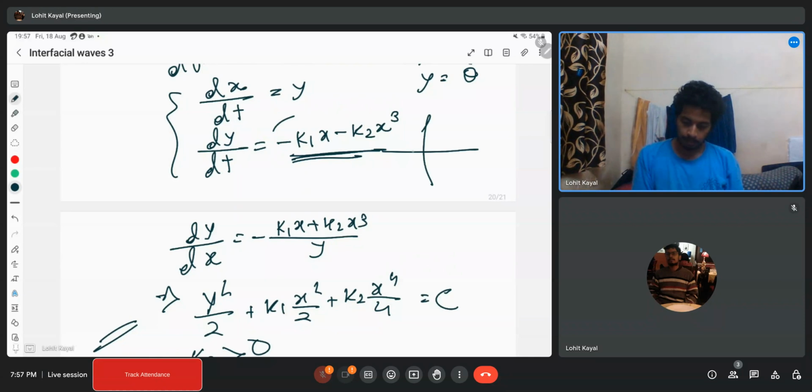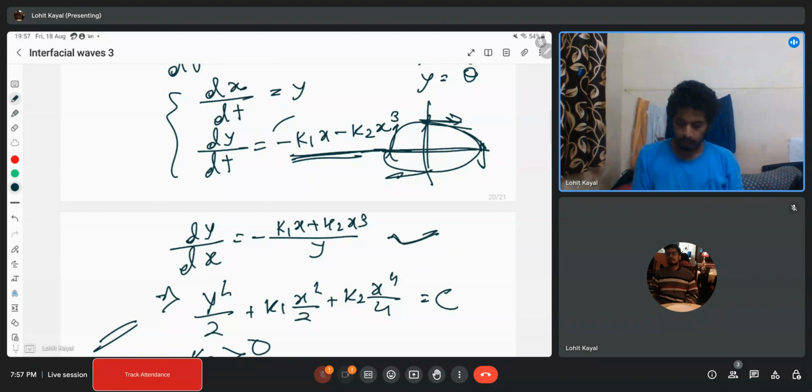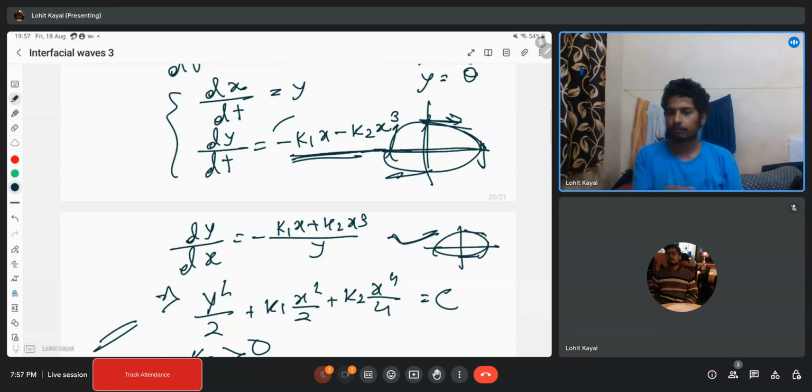You can draw the curve, and then you can find the direction. From here you can draw the slopes at various points, and from that you can find your picture.